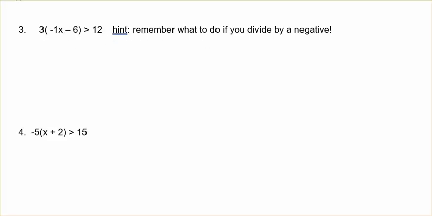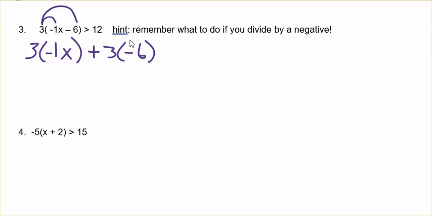So the first thing you're going to do is check and see if you can use the distributive property, and we can because we have that parentheses there. So we're going to multiply 3 times -1x, and then we have 3 times -6, and that is greater than 12.